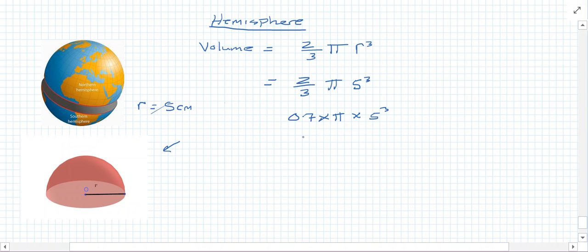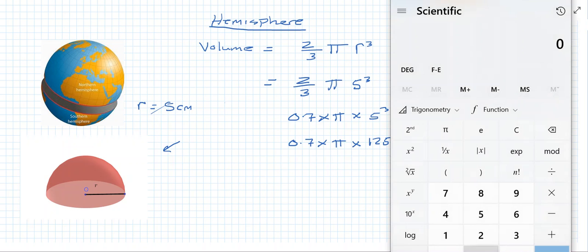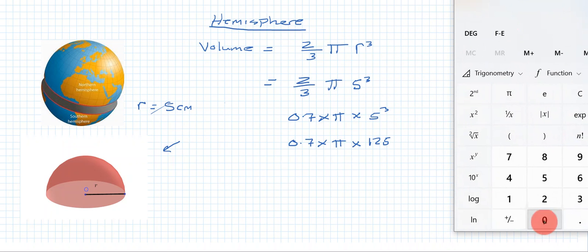So this is 0.7 multiplied by pi multiplied by 125, and then we can multiply these all by each other. 0.7 multiplied by pi multiplied by 125 is equal to 274.88, and if we round that up, it'll be 275.